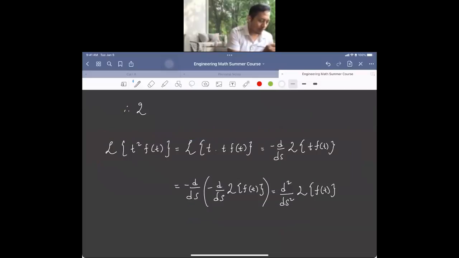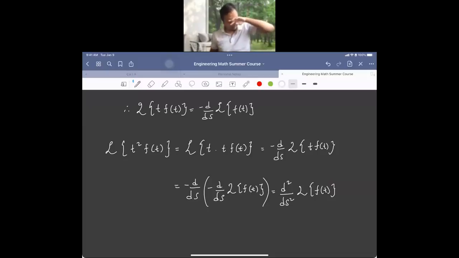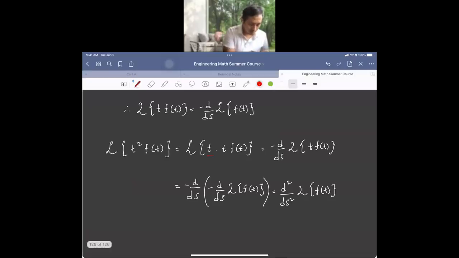Or maybe to make sure that we are on the same page, let me write the last conclusion. So basically what we are doing here, the subject will be having t and then a function.